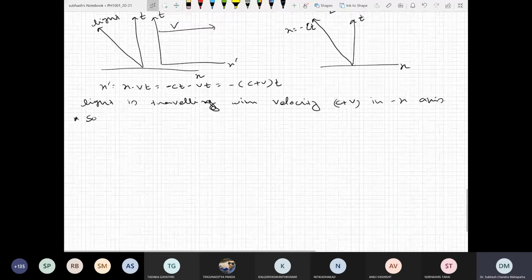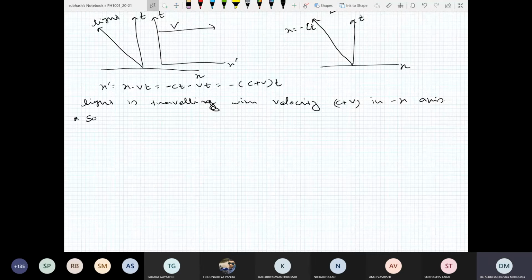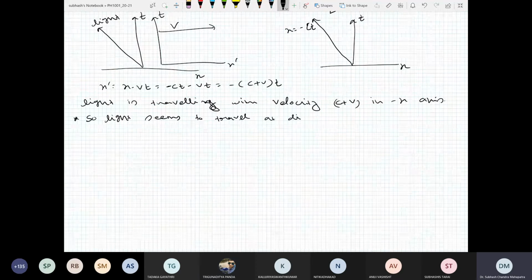So we see that the light is traveling with velocity c in your coordinate axis, in your system, as you are measuring it. But in my reference frame, I am moving with respect to you, so light seems to travel at different speeds.